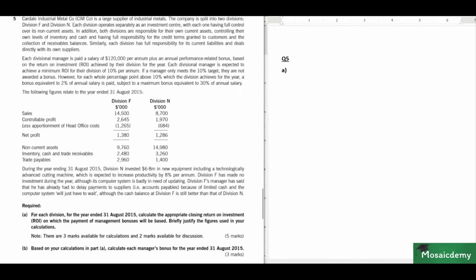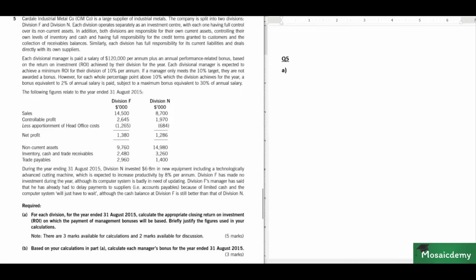And when it comes to controllability, certain types of income and expenses are controllable, certain types are not. And same with assets and liabilities. So we only need to include those things which are controllable by the divisional manager in the calculation of the return on investment. So we'll exclude any uncontrollable expenses or assets, etc. from the calculation, and we need to justify that fact.